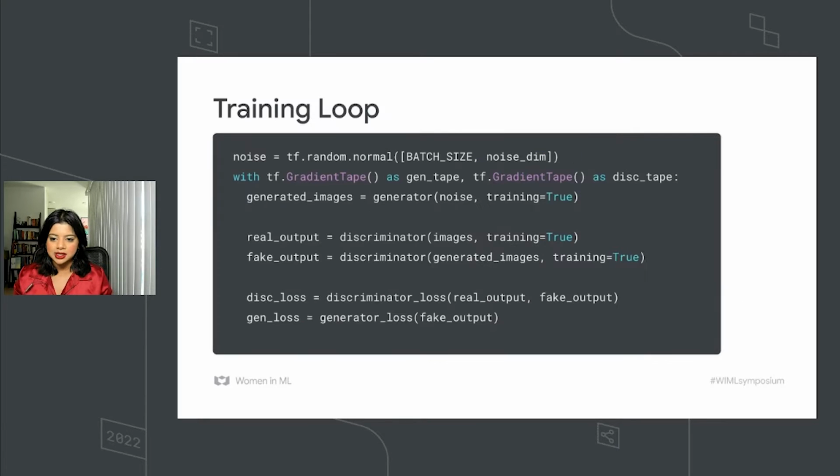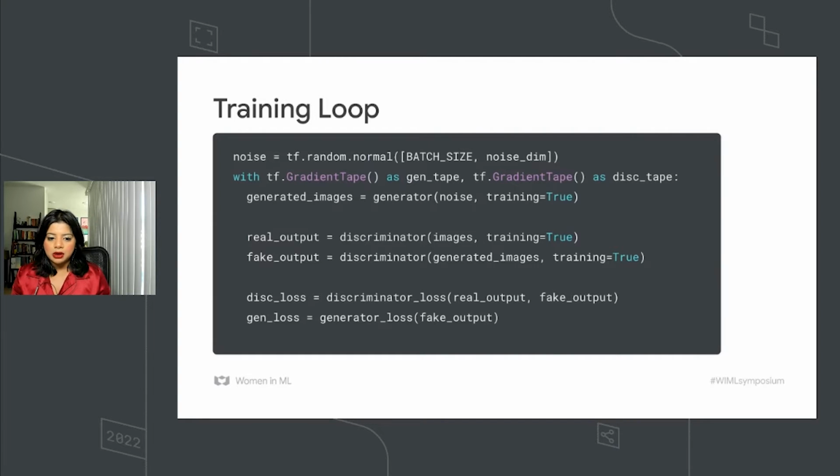And I'll quickly go over the training loop for deep convolutional GANs before I walk through the code. Here's the training loop, and we start by creating generated images in which noise is injected in the training mode.